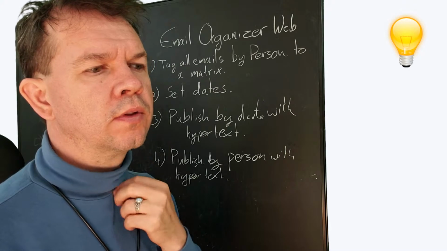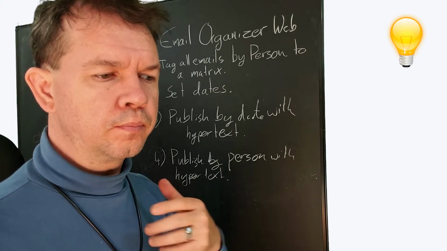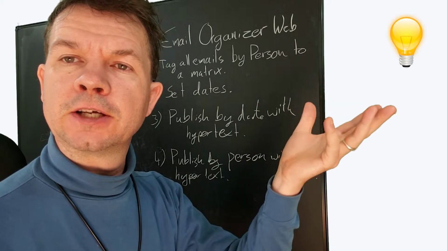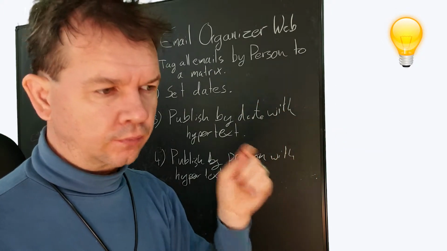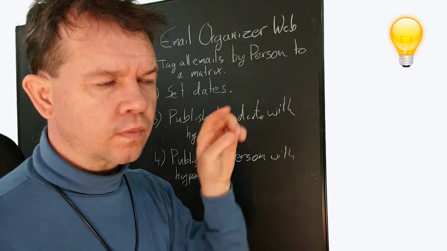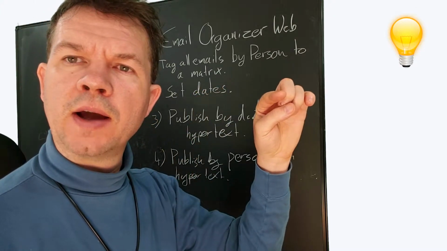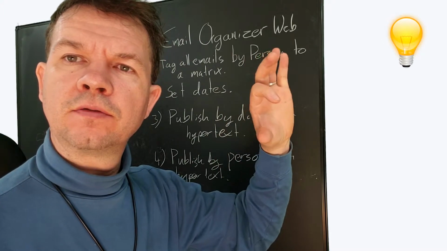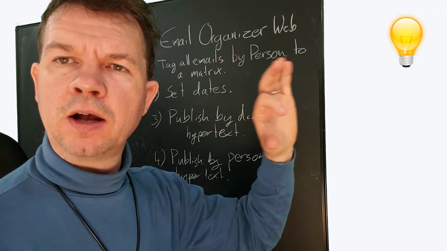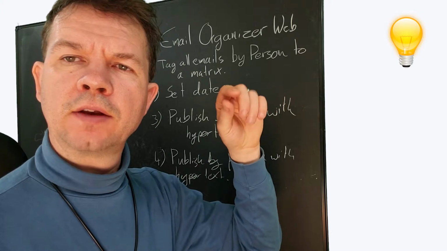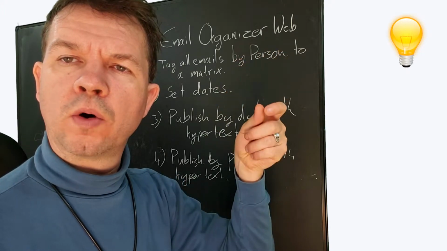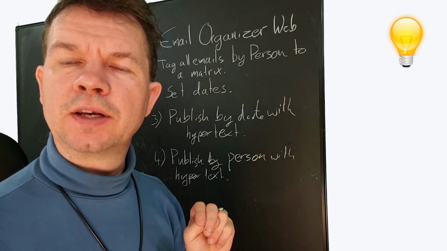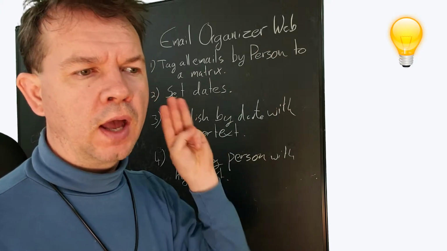And so the program that doesn't exist, that needs to exist, is the following. I launch the program. 1, I select the contacts from my email folder list that I want to import into the program. 2, I optionally select the date range.